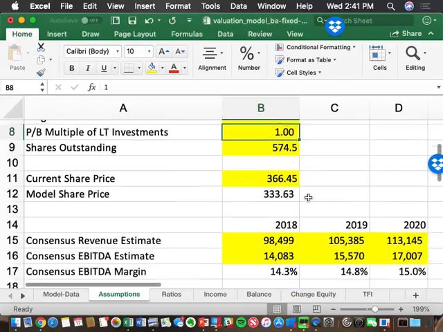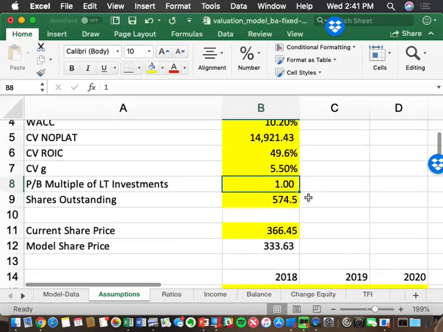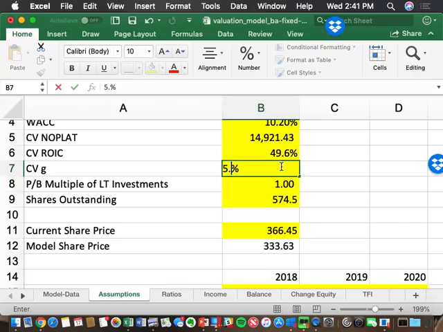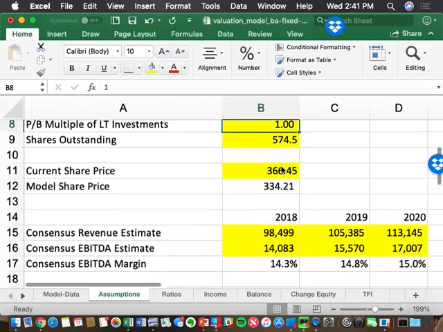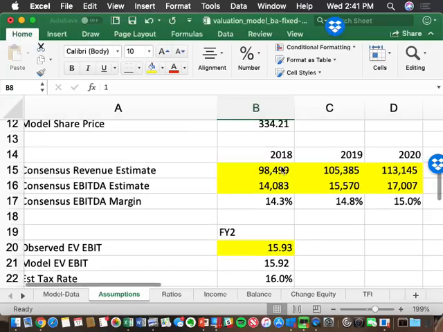Getting pretty close. 5.51. Now within a basis point. A couple basis points probably good enough.